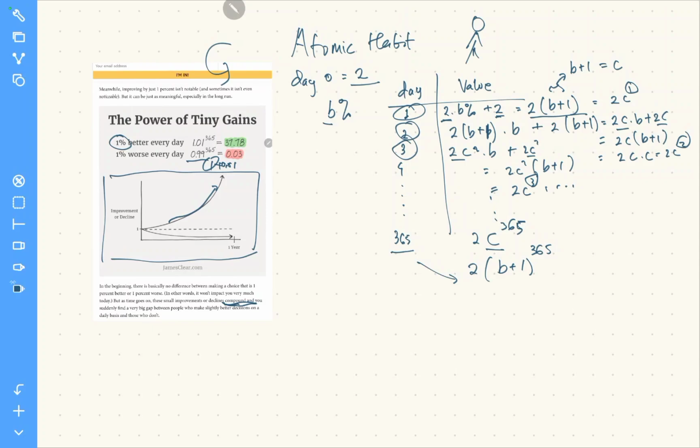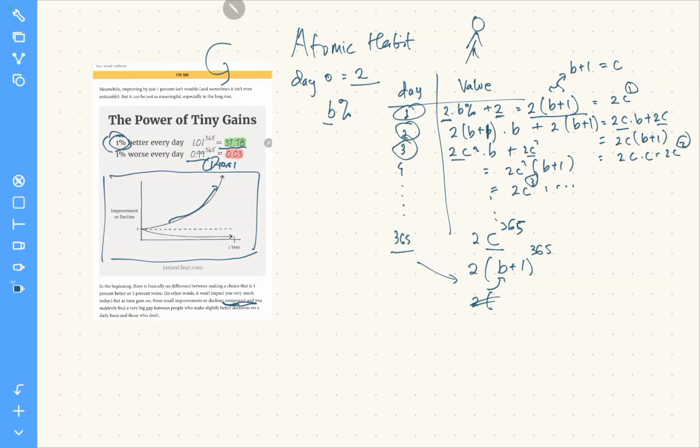Because in this book you call it 1%, so you substitute the B with 1%. Now this book says that after one year you're going to be 37 times better.